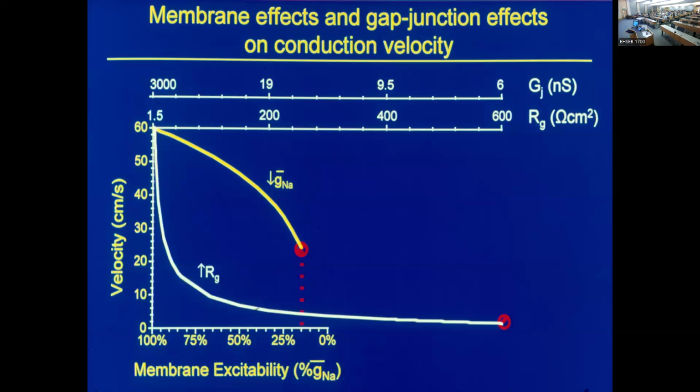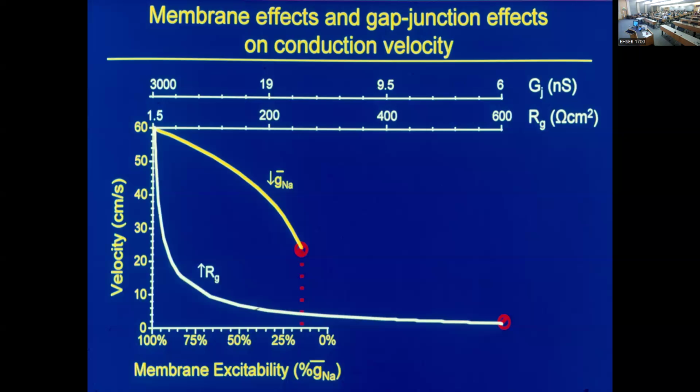It goes down to about, let's say, 20, 15 centimeters per second, and then it drops, cannot continue to conduct. In contrast, when you reduce gap junction coupling, conduction velocity drops faster at the beginning, and then it continues to linger on and on and on, and you can achieve velocities as slow as 1 centimeter per second.